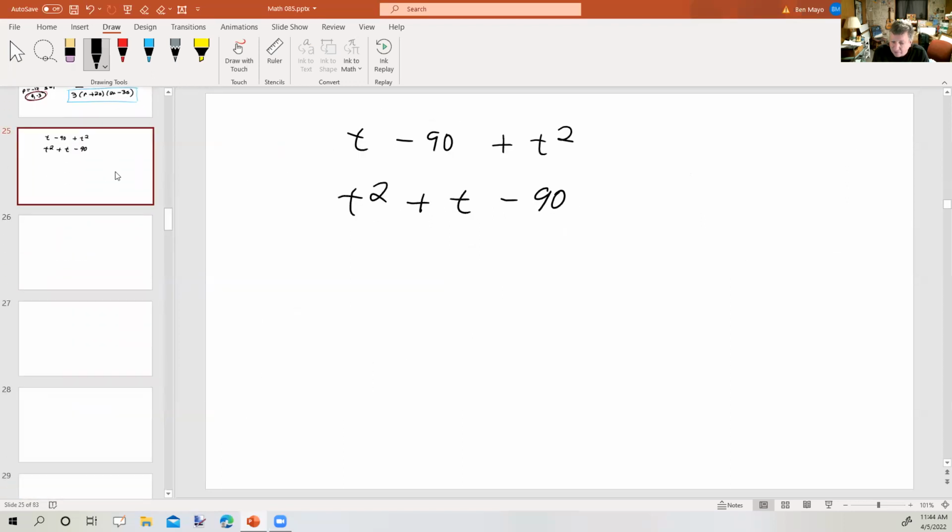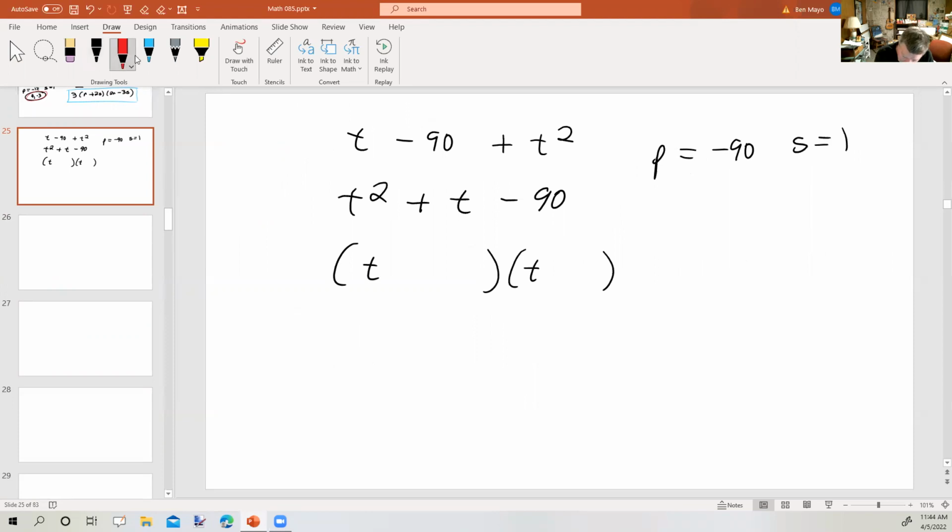Does it have a leading coefficient of 1? Yes. So it's in the form x squared plus bx plus c. So we're going to split up the middle term. Product is -90 and the sum is 1 because there's an implied 1 as the coefficient in front of t. I think I've mentioned this before, but in case I haven't, WebAssign doesn't like you putting implied 1 coefficients.